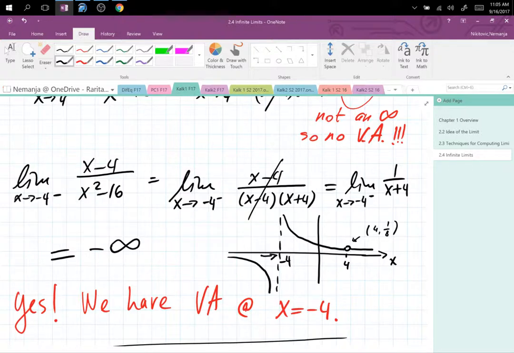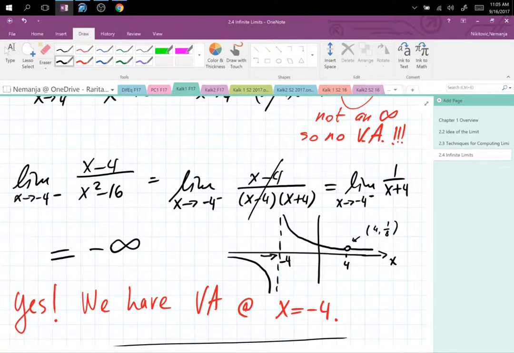But see, the calculator can only compute one value at a time. The calculator doesn't understand the difference between function value does not exist and the vertical asymptote. So how do you know when you're solving and you get 1 over something that will equal 0, and that could either be a vertical asymptote or you solved it wrong?